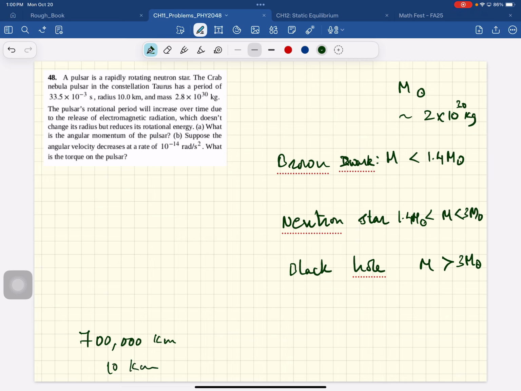Okay. So that's almost 100,000 times smaller. Okay. So the density would increase by a factor of 10 to the 15. So it essentially becomes a big, large nuclei.